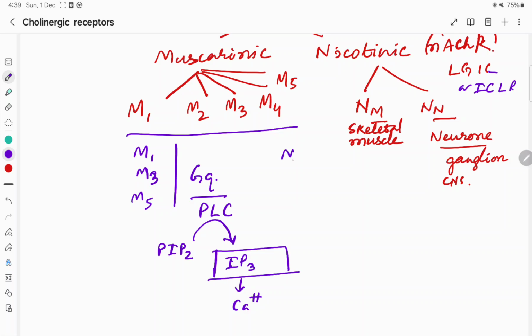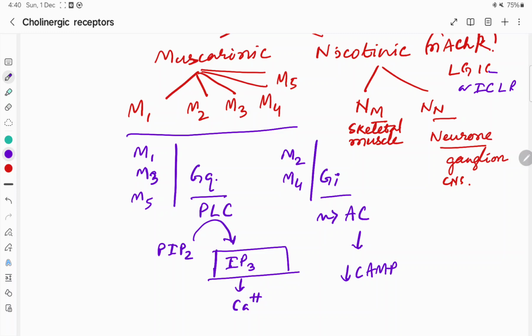The other 2 receptors M2 and M4 are of Gi type. So here the effector is adenylyl cyclase. Since it is Gi type, it inhibits the enzyme adenylyl cyclase, so it decreases the level of cyclic AMP.